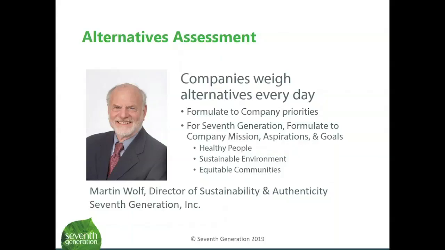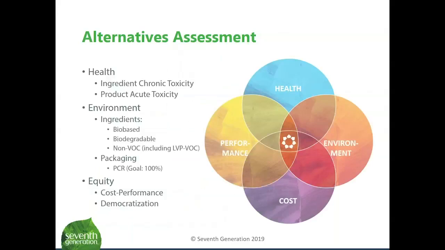So if I can move to the next slide, what you see here on the right is a Venn diagram that we use to describe our product development process. When we're selecting ingredients and when we're evaluating the product we make, we certainly look at the cost and the performance of those materials. And every company does this because we want to provide the greatest performance at the lowest cost for the consumer.